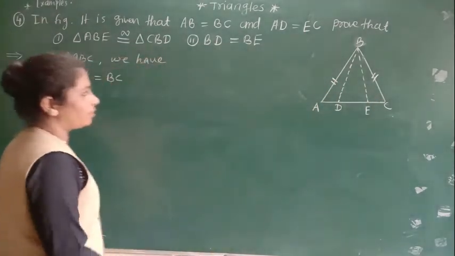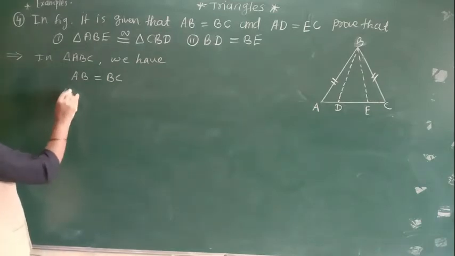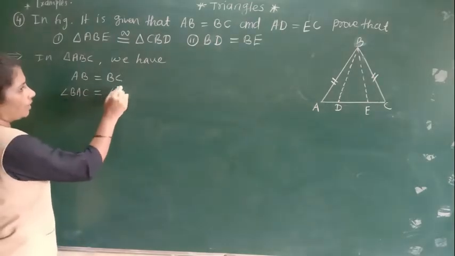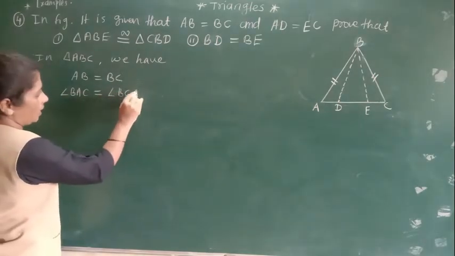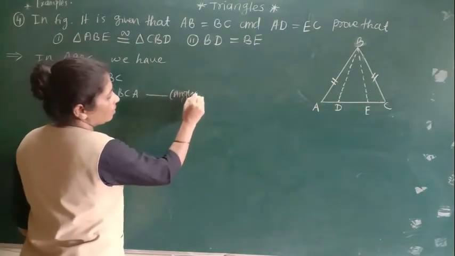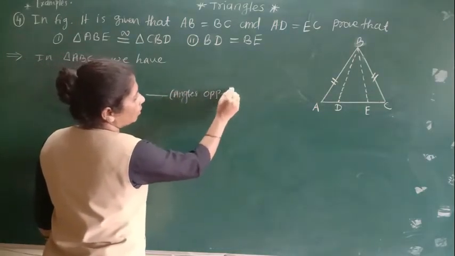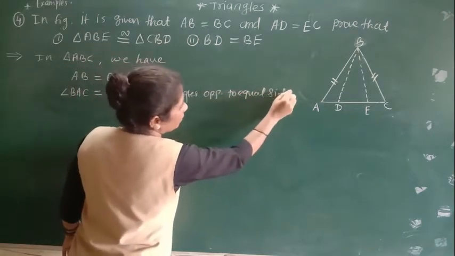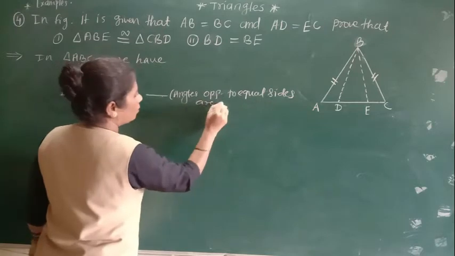So we will write angle BAC equals angle BCA. The reason is: angles opposite to equal sides are equal.